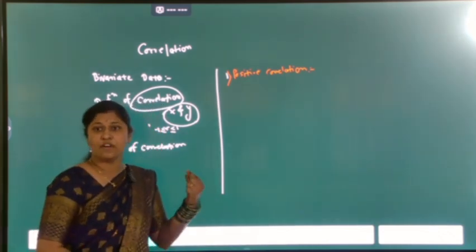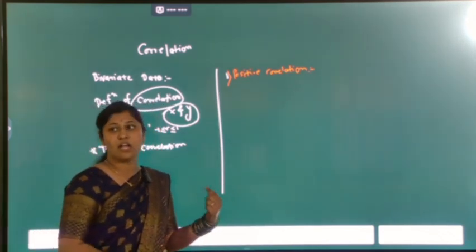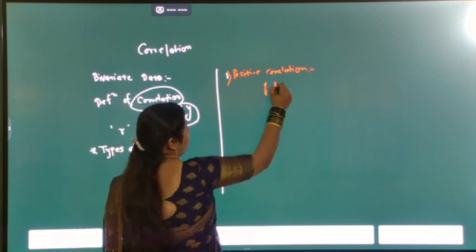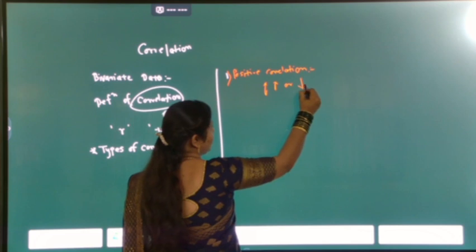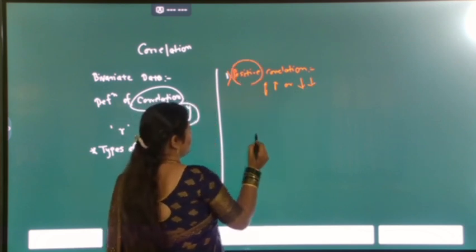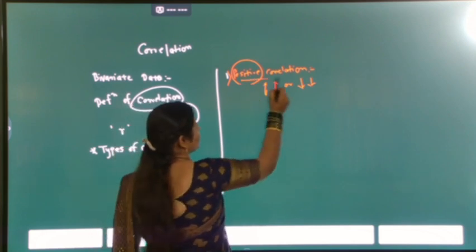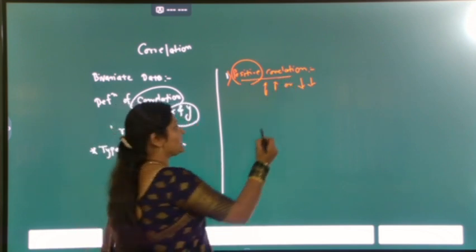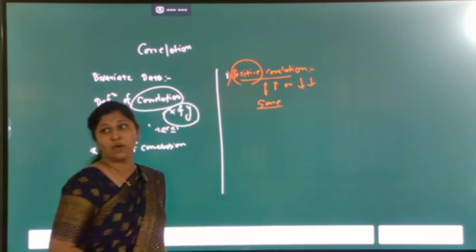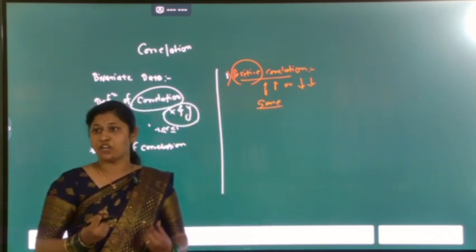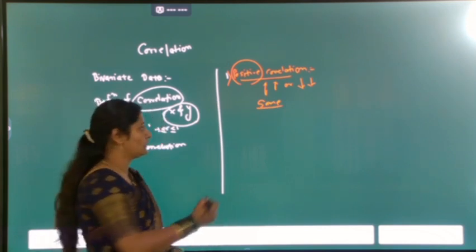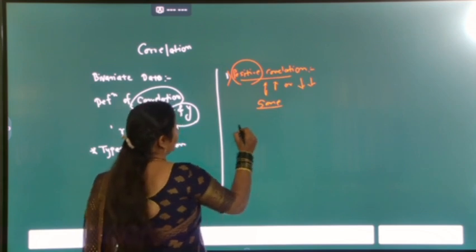If the value of one variable increases, the value of another variable also increases, or the value of one variable decreases, the other variable also decreases, it is called a positive correlation. Means in positive correlation, two variables change in the same direction. For example, income and expenditure of a family, or supply and demand, or price and quantities.